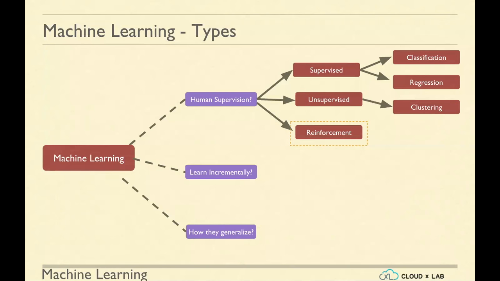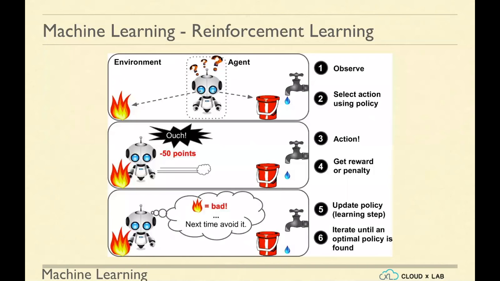Reinforcement learning is very prevalent in games. Mostly there is an agent and an environment. The agent observes, selects an option using a policy, takes action, and gets a reward or penalty. This kind of learning is called reinforcement learning.